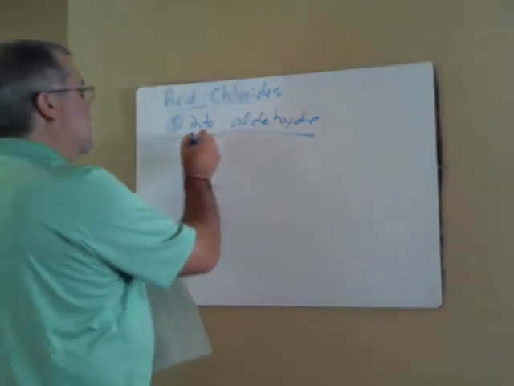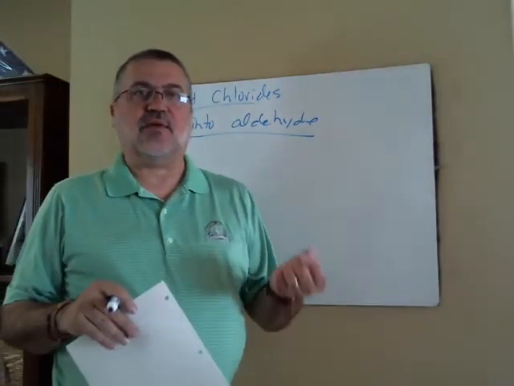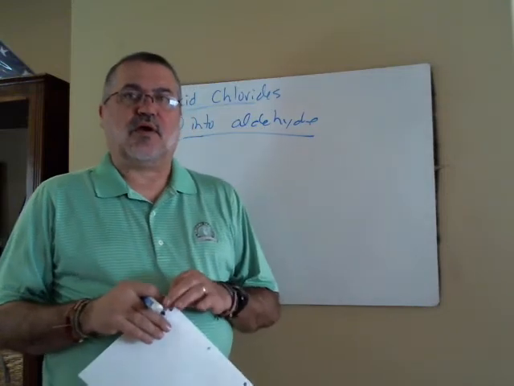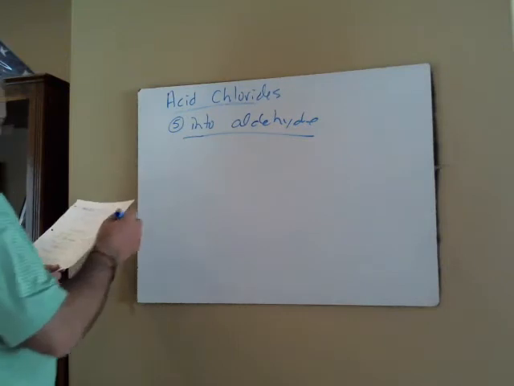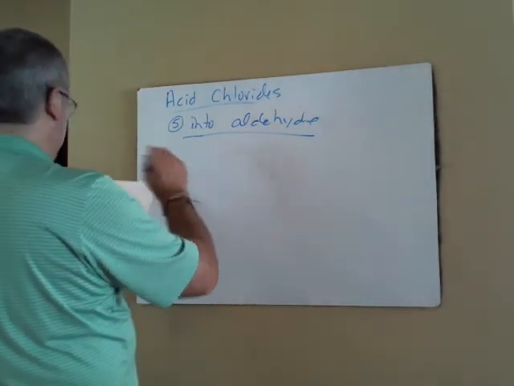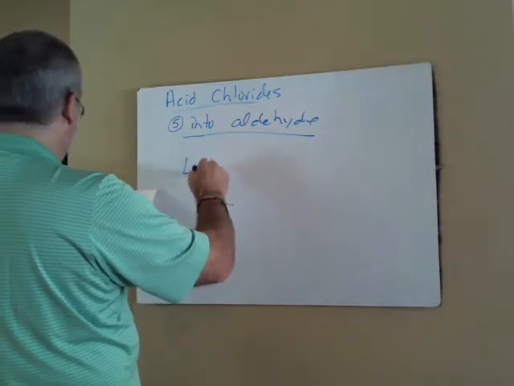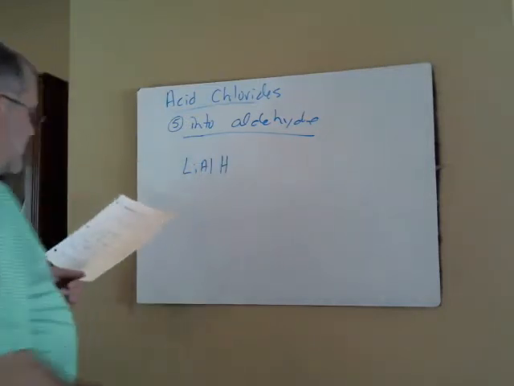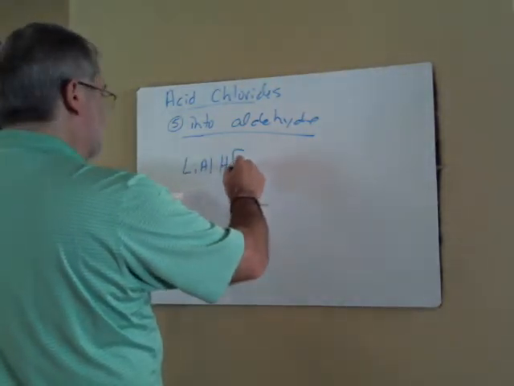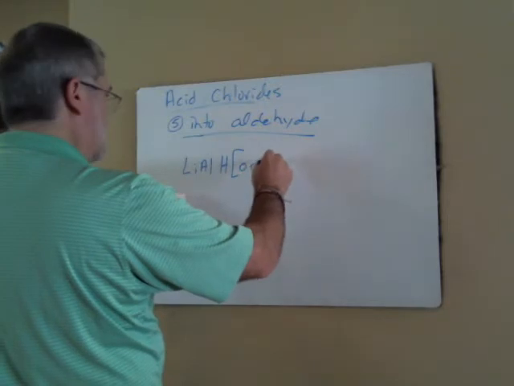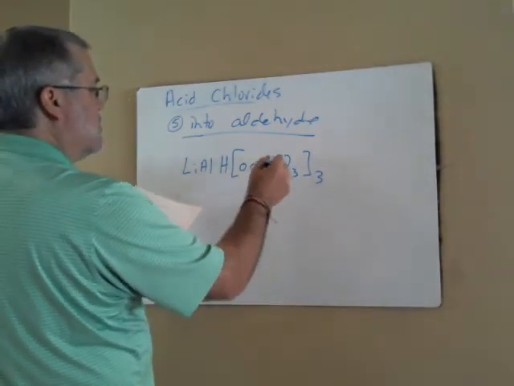What you use is a less powerful reducing agent. And we've seen that already with DIBAL when we were talking about reductions into aldehydes. But with an acid chloride, you have to use this reagent. And it is a lithium hydride reagent, kind of like what we saw with DIBAL. But the R group in this case is huge.